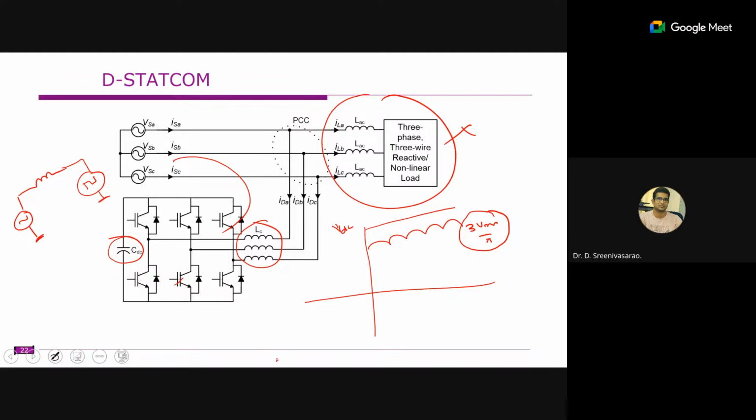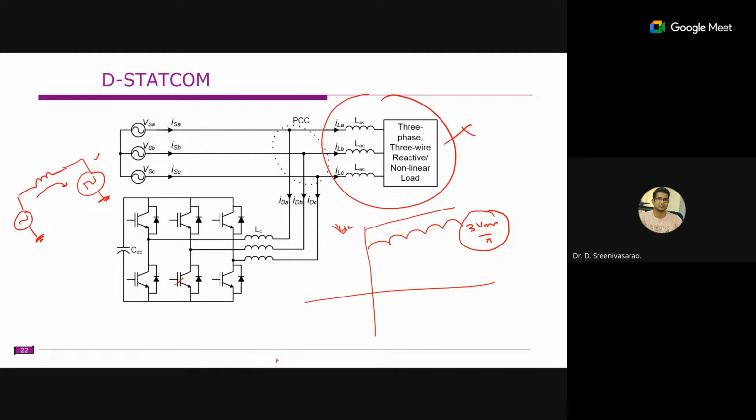Now we need to draw a small amount of real power from here to here. So this converter is slightly delayed, or we need to maintain a small phase shift, so that the real power can be transferred from the grid to the inverter. For that we need some extra controller.